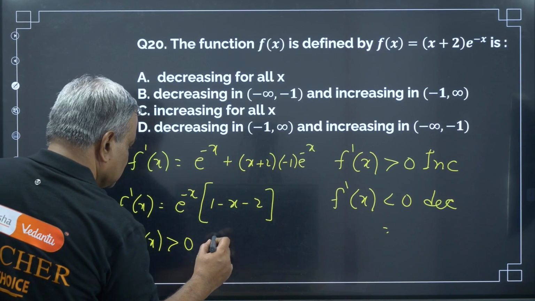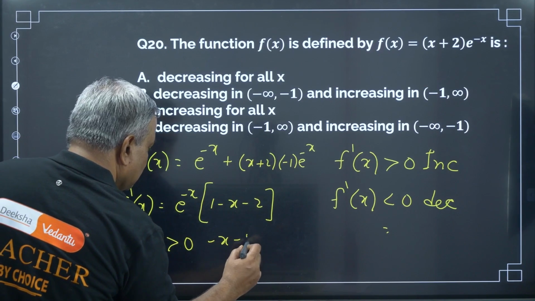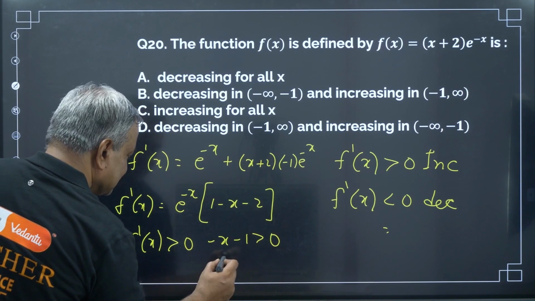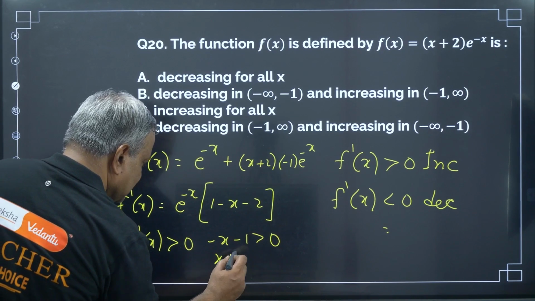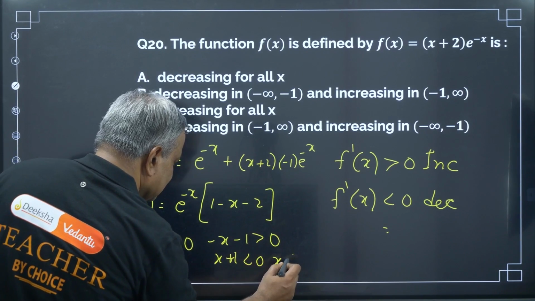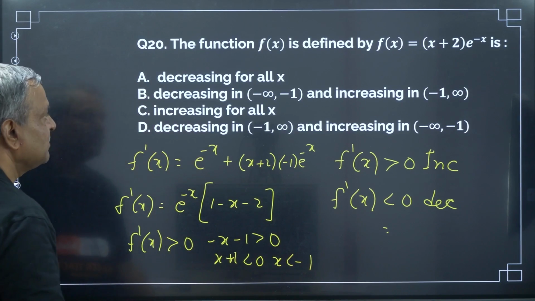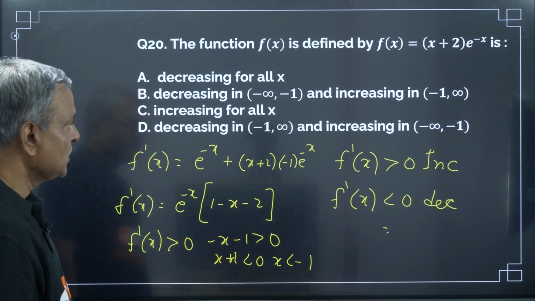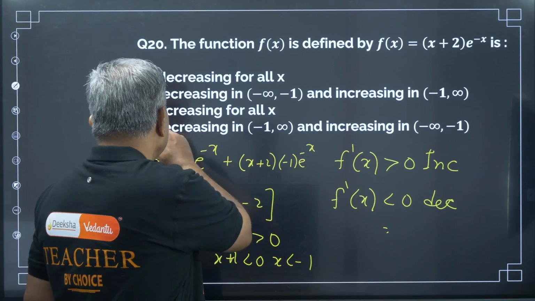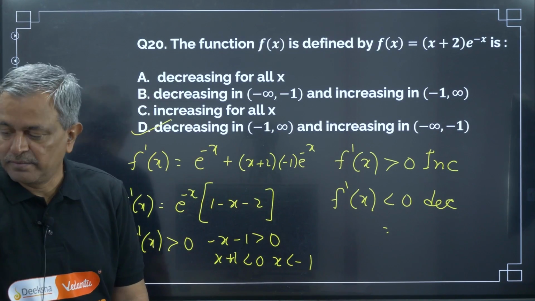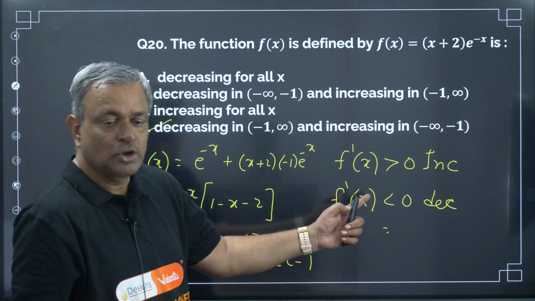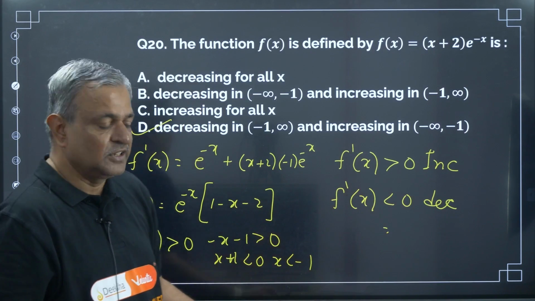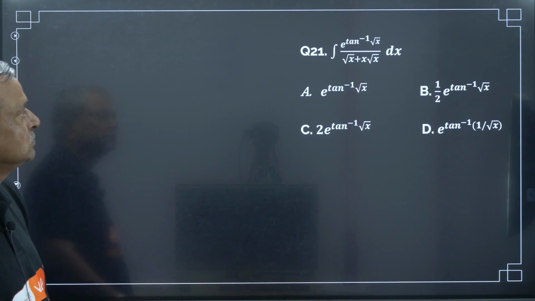It means minus x minus 1 is greater than 0, or you can say x plus 1 is less than 0, x is less than minus 1. Whenever x is less than minus 1, it is increasing. Option D is correct. So the concept is f dash x greater than 0 is increasing, f dash x less than 0 is decreasing.